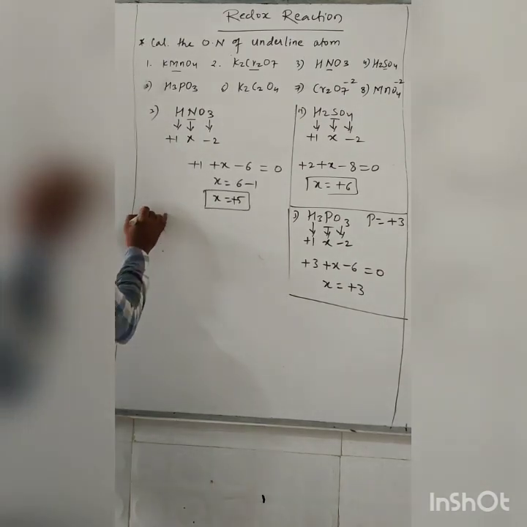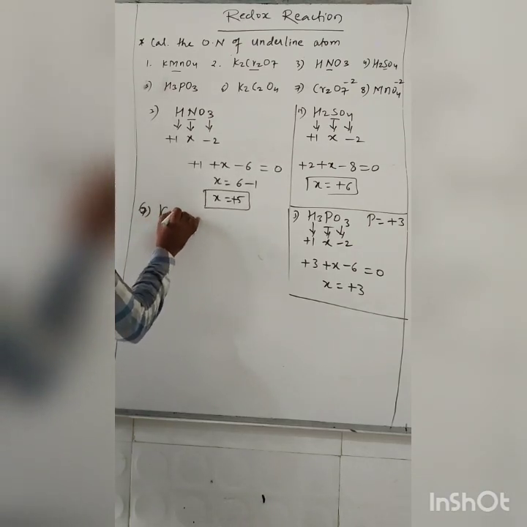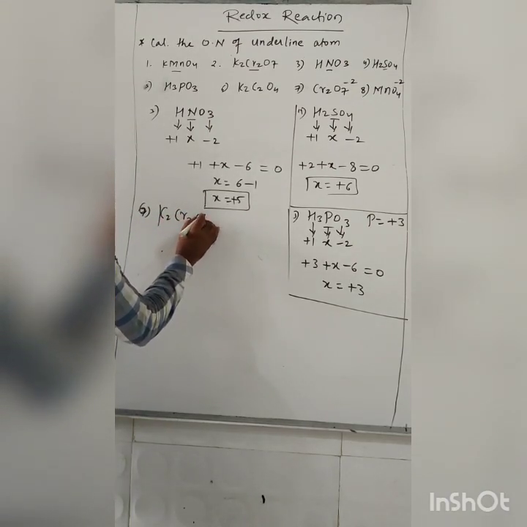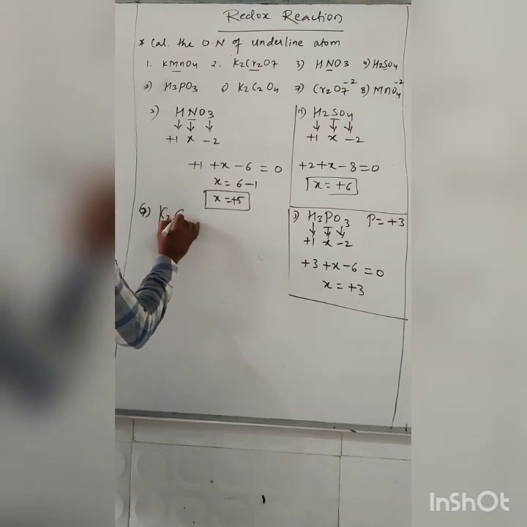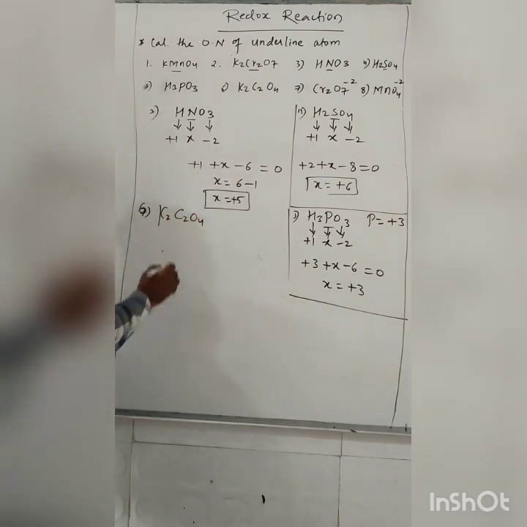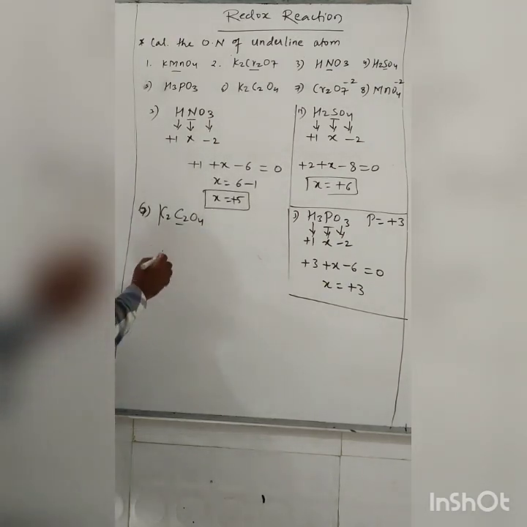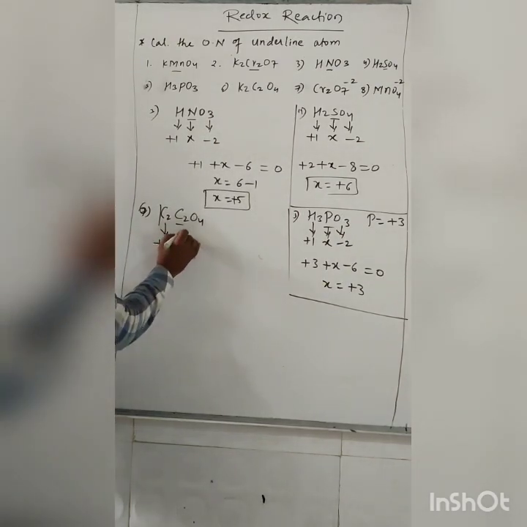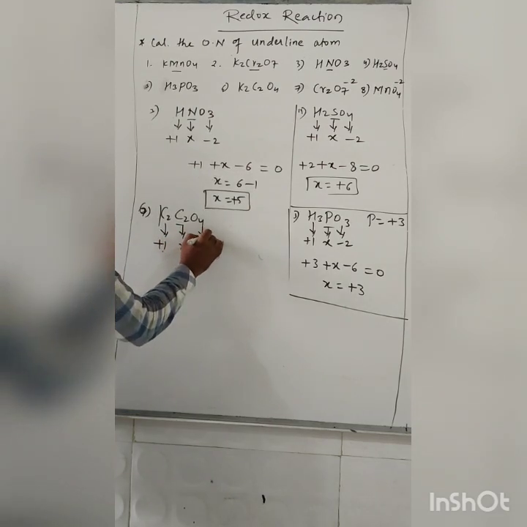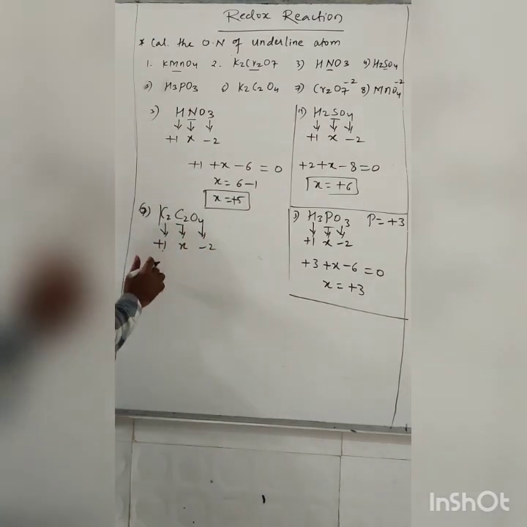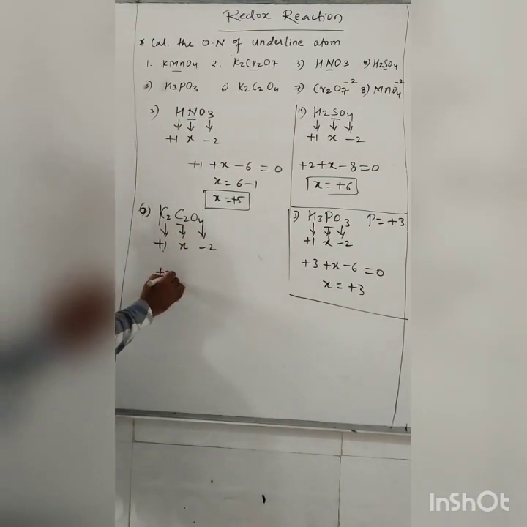Next, that is number 6, K2C2O4. Here we have to find out the oxidation number of carbon. So potassium once again +1, carbon I take x, oxygen is -2. So 1 into 2, +2.